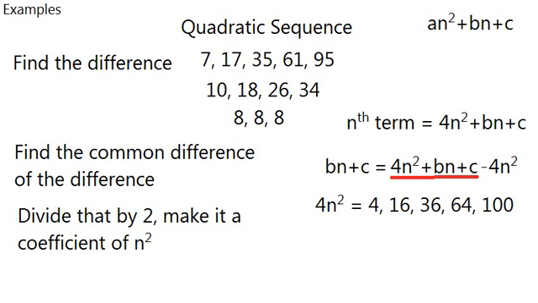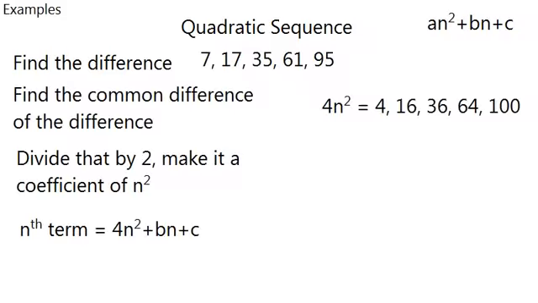So what we do now is subtract this sequence from the original sequence, and I need to clear the page right now, so wait a sec. Alright, here we are. When we subtract this sequence from this sequence, we get 7 minus 4 is 3, 17 minus 16 is 1, 35 minus 36 is negative 1, and so on and so forth.